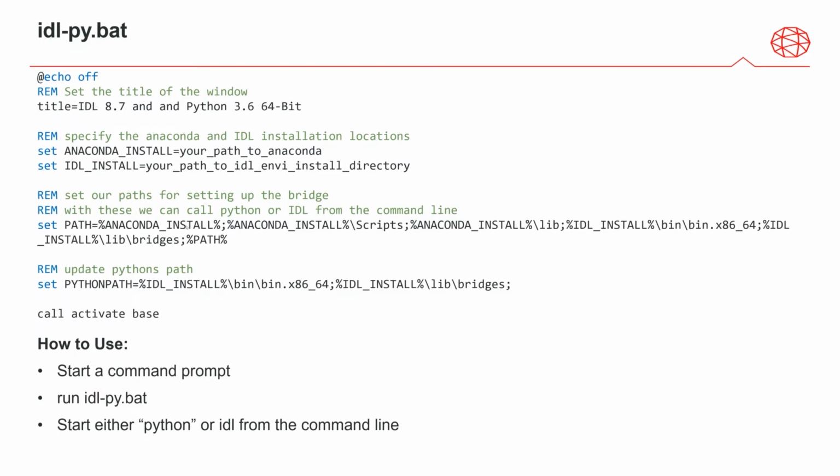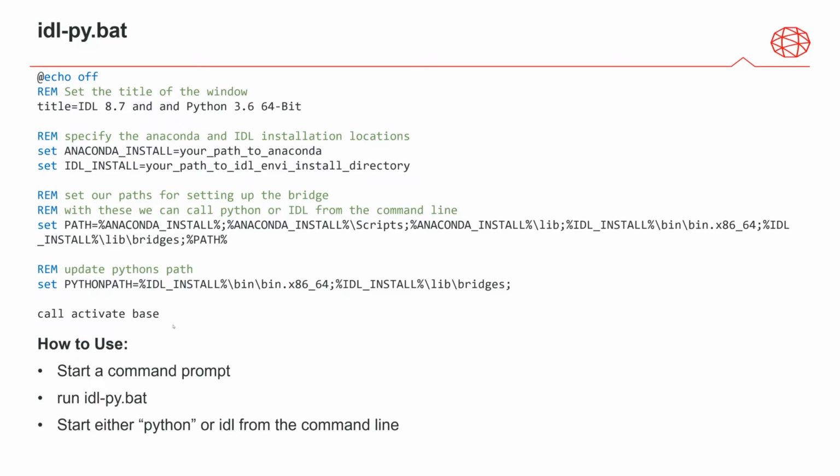So you need to append specific directories within your Anaconda install and your IDL install to the path variable. And there's one more variable you need to set, the Python path, and you need to add some of the IDL directories there as well. And then the last command is call activate base.